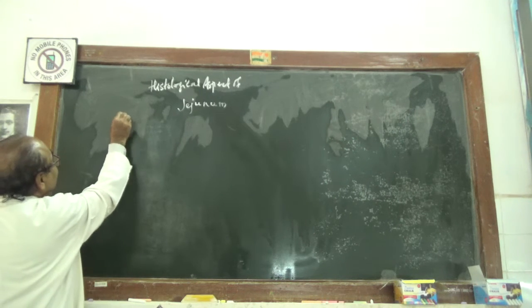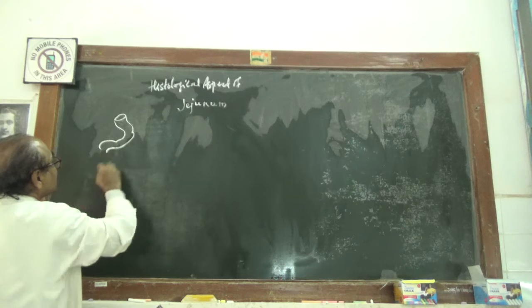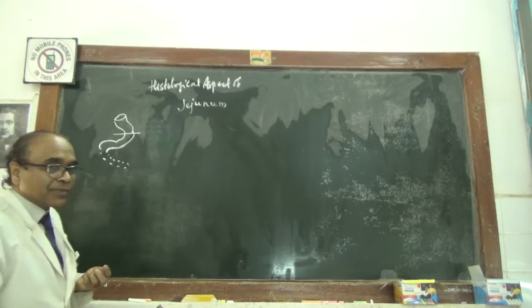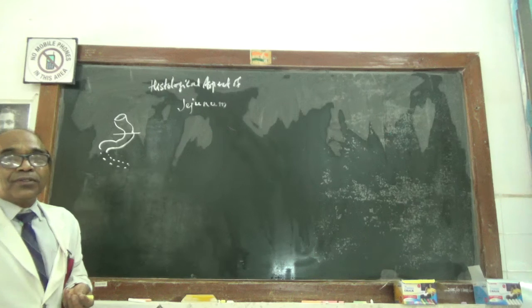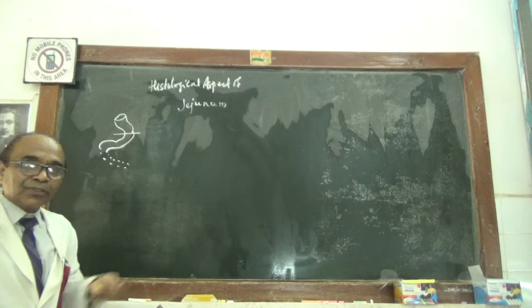If you consider that this is the jejunum, you have to cut here with all the steps of preparation of the slide for the study of histology of the jejunum.